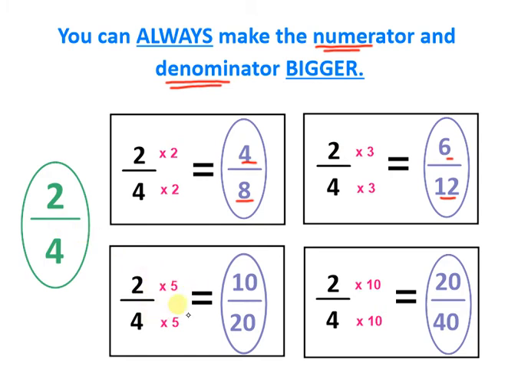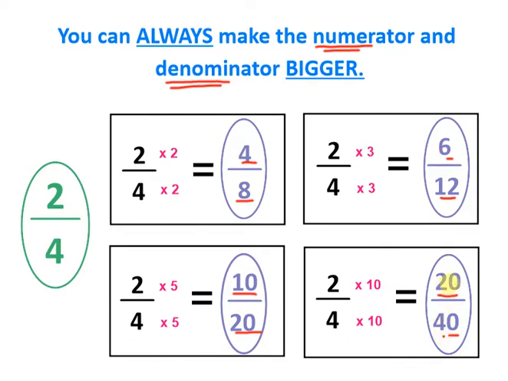Now I'm on the third box over here. This time I decided I'm going to multiply by 5s. Why 5s? It's up to you. I just decided to do 5s. 2 times 5 is 10. 4 times 5 is 20. 10 over 20 has the exact same value as 2 over 4. Now I'm going to multiply by 10s. 2 times 10 is 20. 4 times 10 is 40.